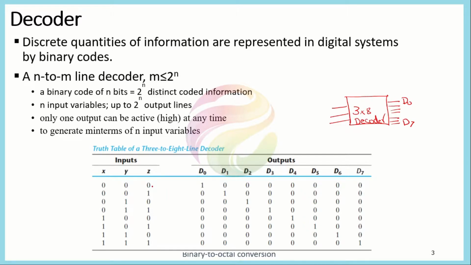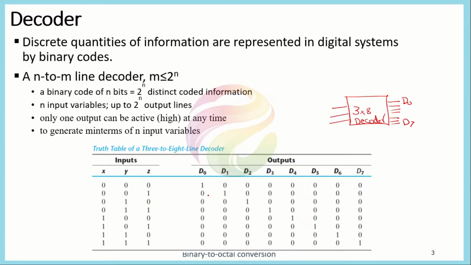For the first combination, which gives us the first minterm, only D0 is equal to 1, the rest are 0. For the minterm M1, which forms the next combination, only D1 is 1, while the rest are 0. In this way, the whole truth table of the decoder is formed.